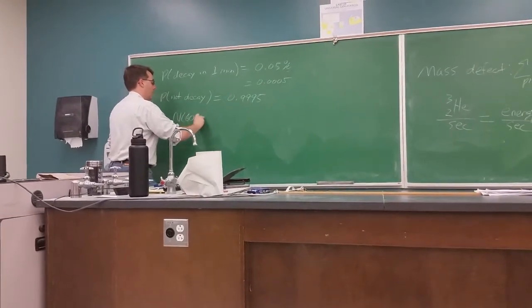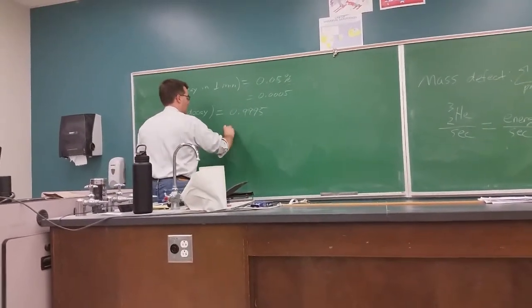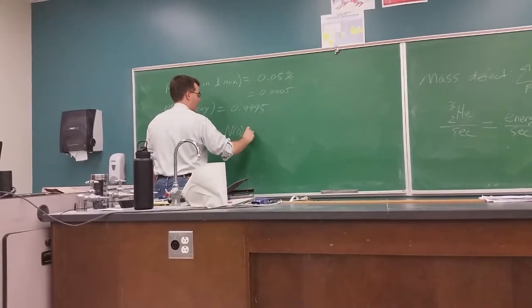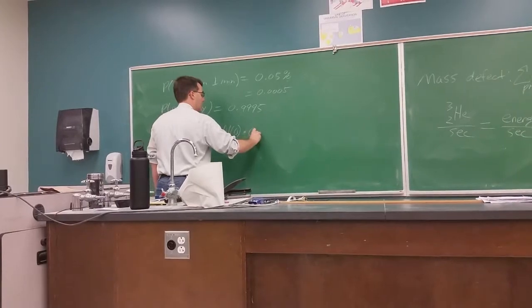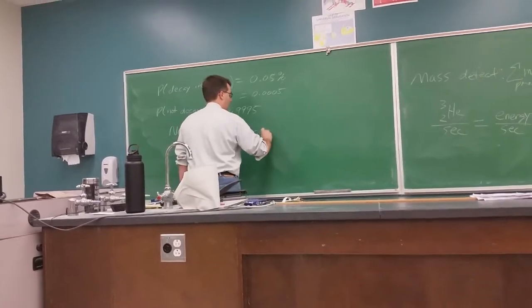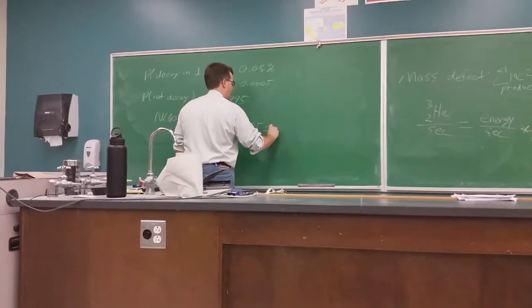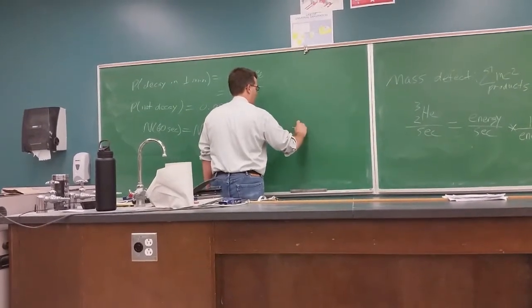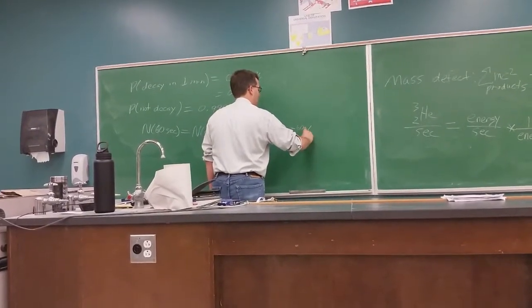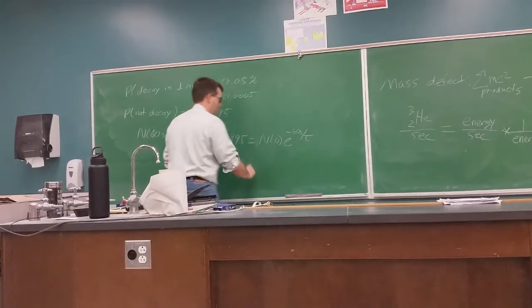N of 60 seconds is equal to N of 0 times 0.9995, which is equal to N of 0 e to the minus 60 seconds over tau.